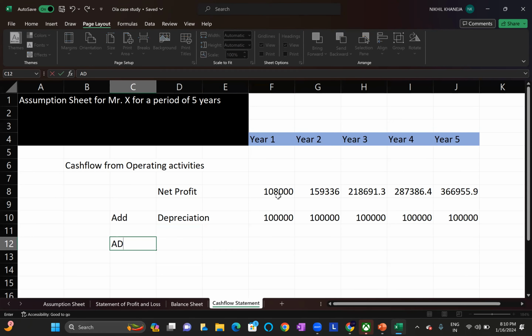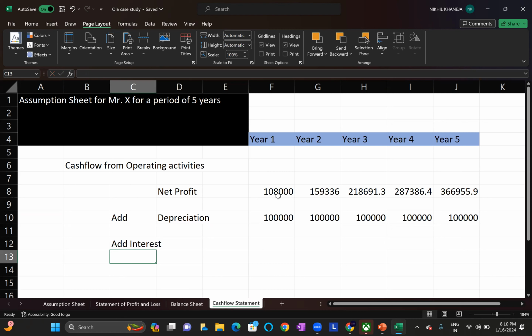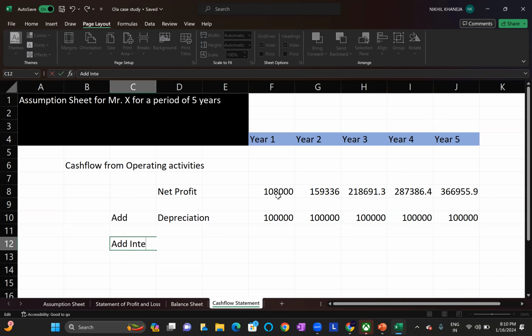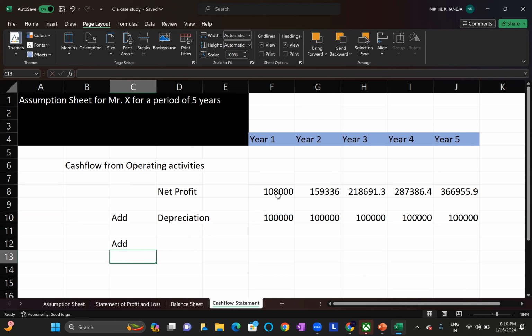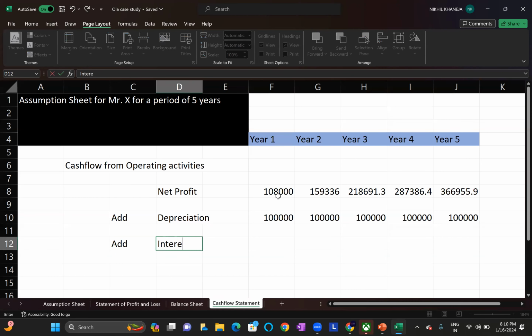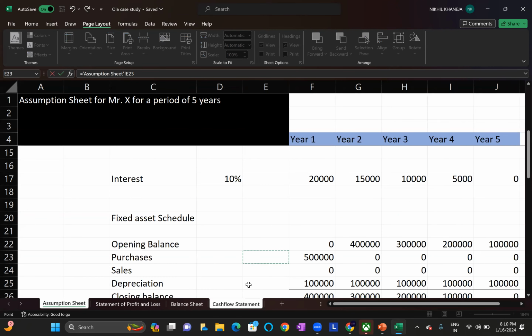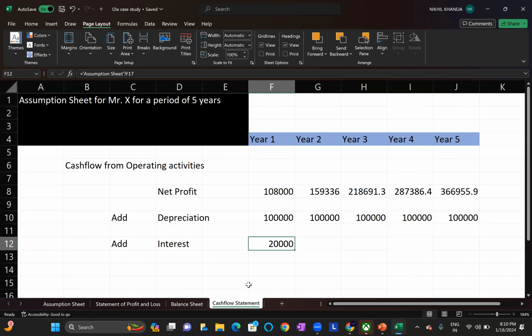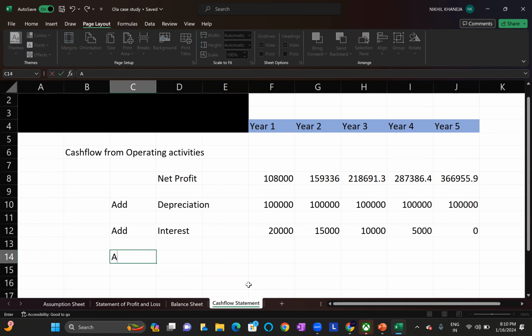Now I will also add back interest, because it is not a part of operating activity, but it is a part of financing activity. So I'll be reducing it in financing activities. Control C. Now the third thing I'll be adding is changes in net working capital.